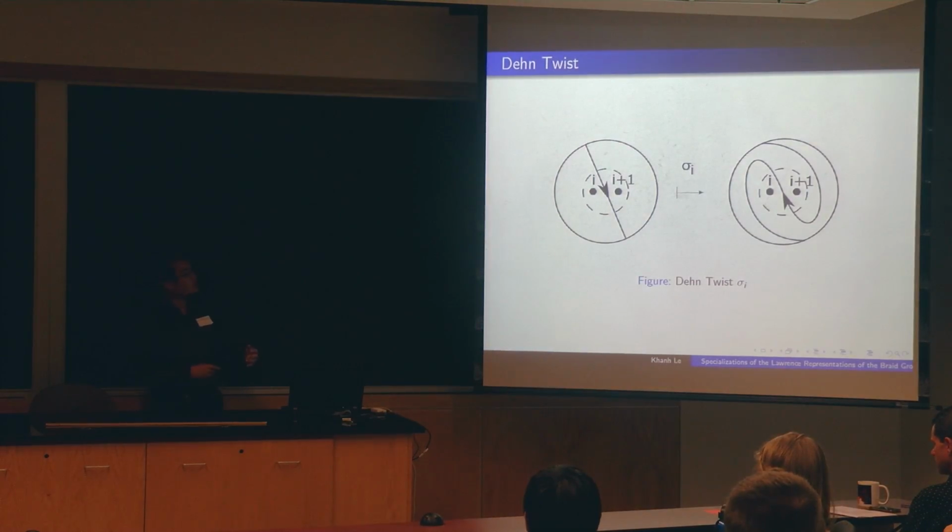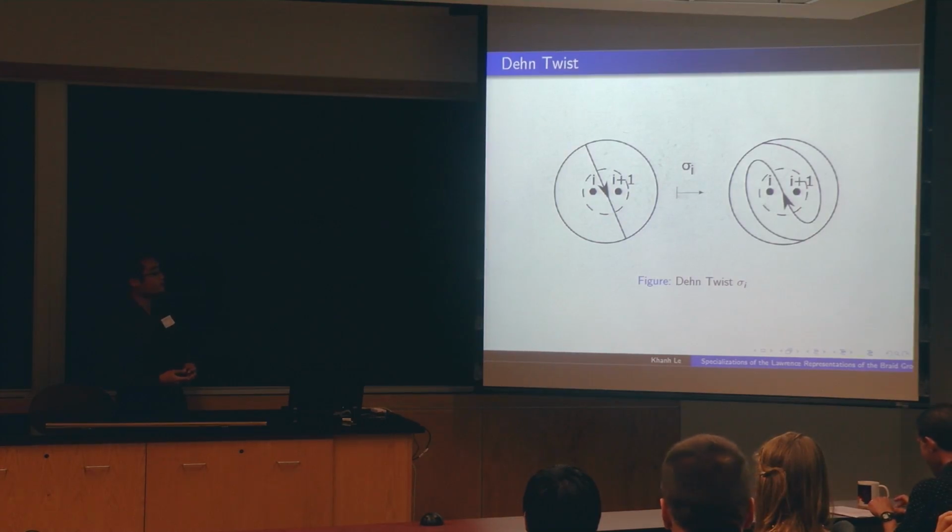So the Dehn twists are the mappings on a unit disk with n punctures such that the Dehn twist corresponding to sigma i is the one that lifts the i-th and (i plus first) punctures up and maps them in the same way as rotating these punctures around each other in the clockwise direction by 180 degrees.